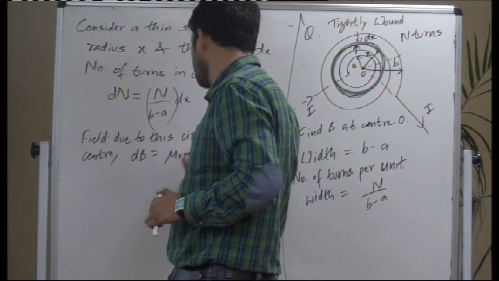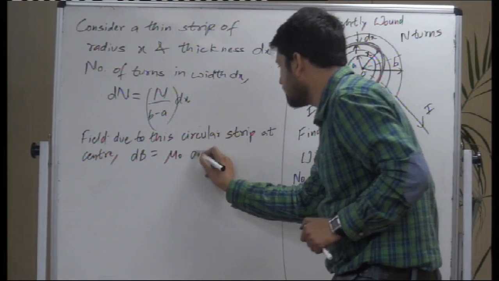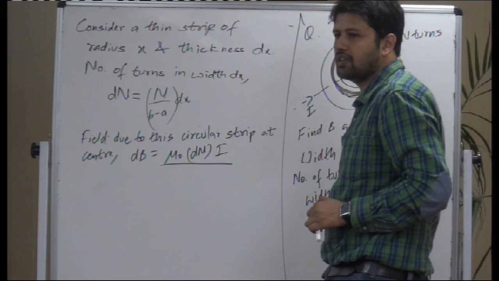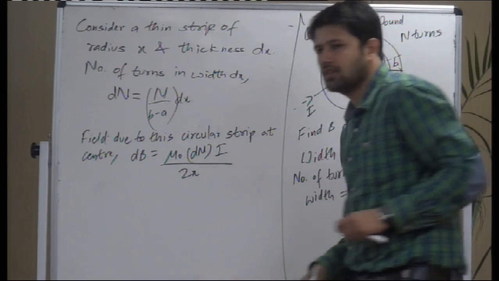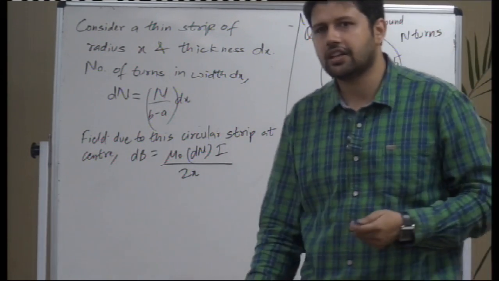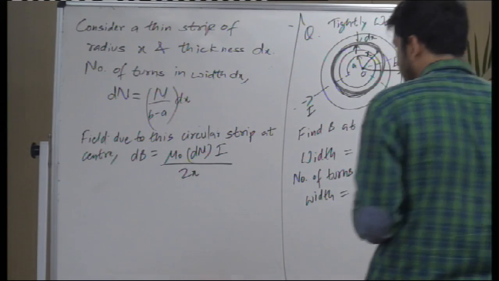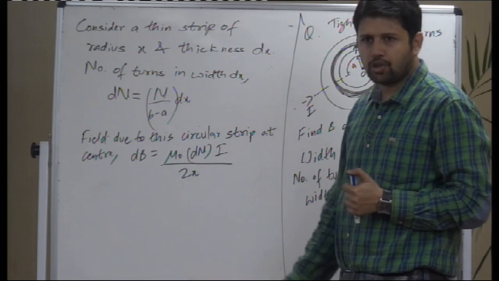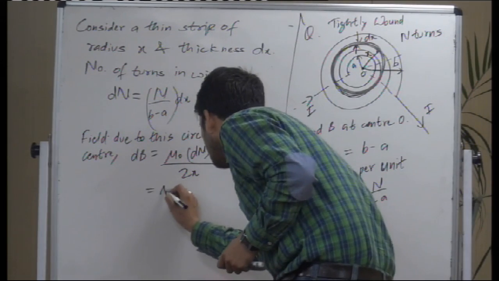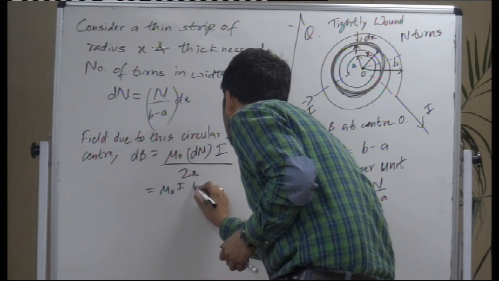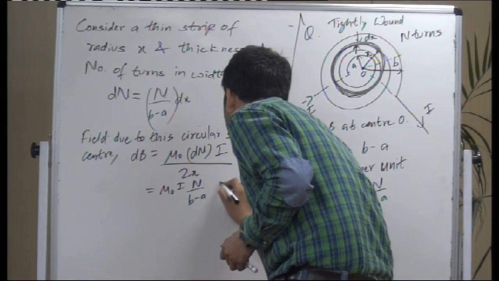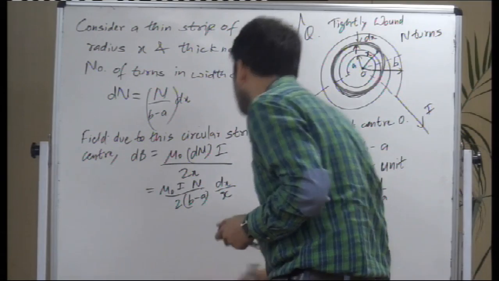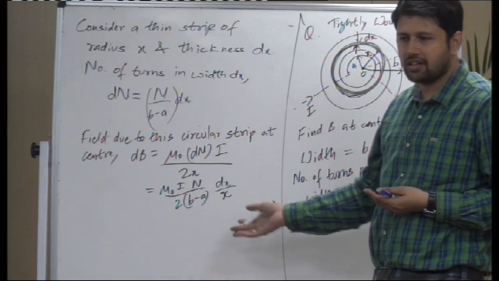Mu naught, number of turns is dn, current is I through each turn, upon 2x. For a circular coil it is mu naught I upon 2r, and when we have n number of turns, mu naught nI upon 2r. So you have mu naught I n by b minus a into dx by x, with 2 also here. You getting the idea?